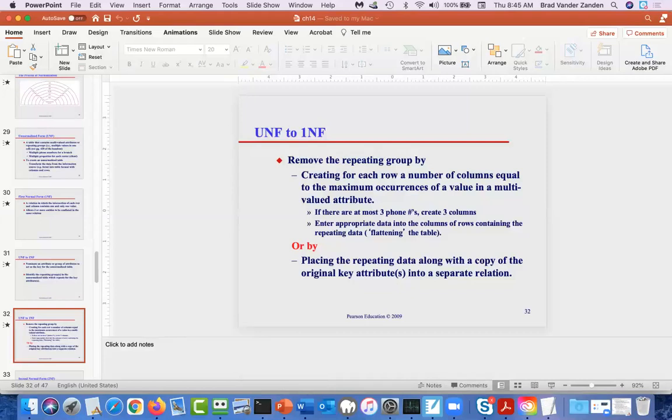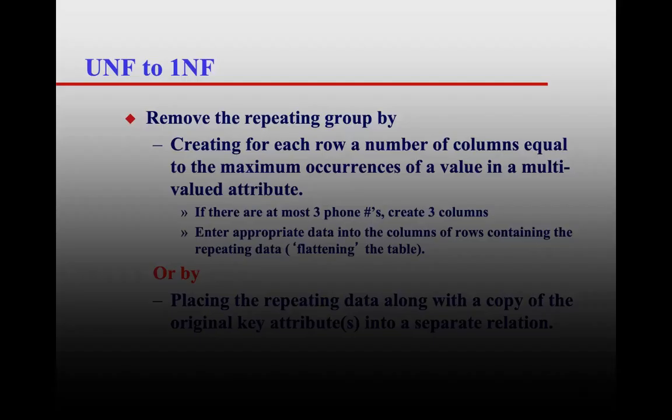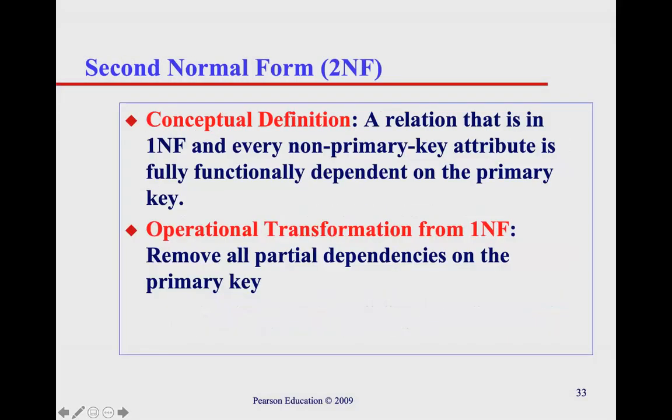Okay. In that case, moving on to second normal form. In second normal form, any non-primary key attribute, so say every descriptive attribute, well, that's not really true because you could have attributes that are part of a candidate key. So I really do have to be precise.